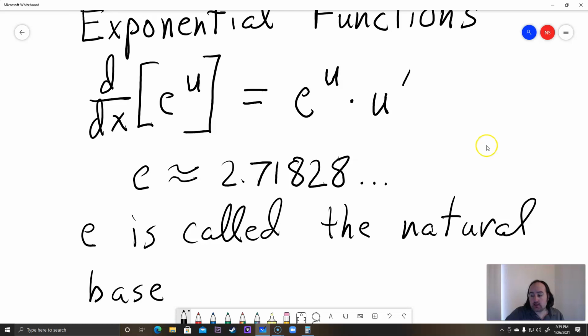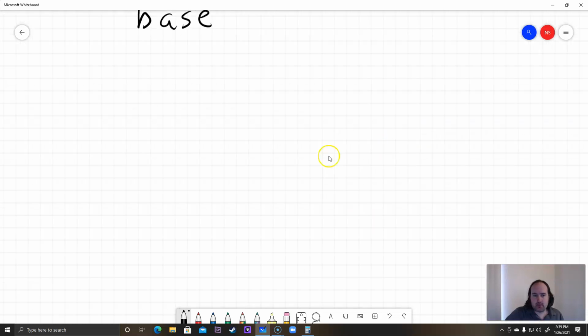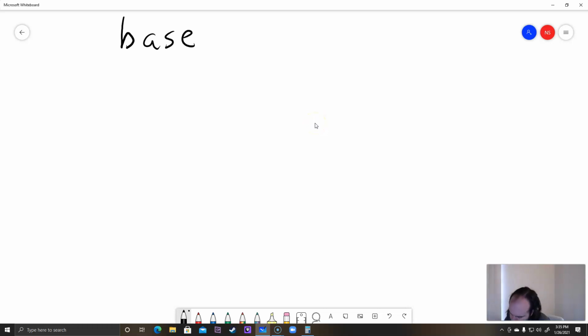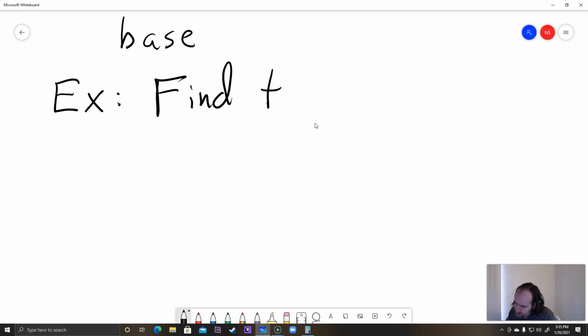Okay, so let's see some examples of using this new formula. Examples. Instructions are find the derivative.